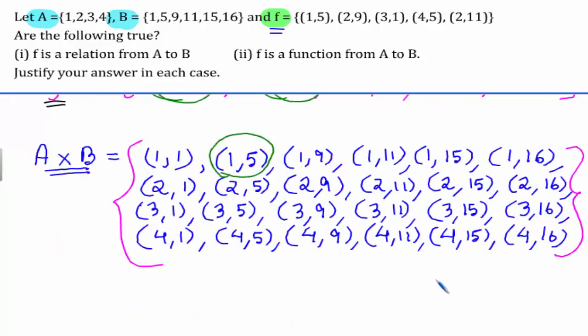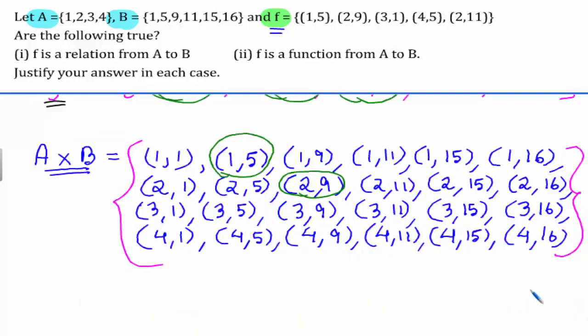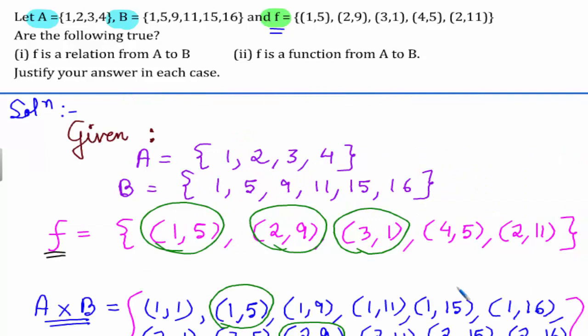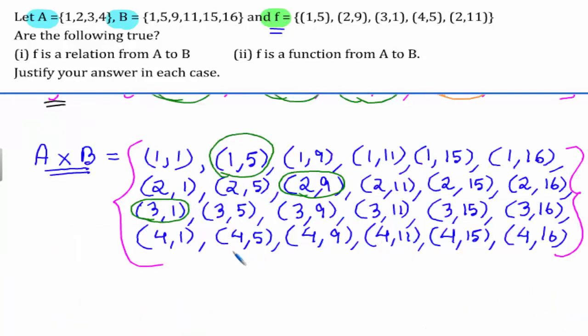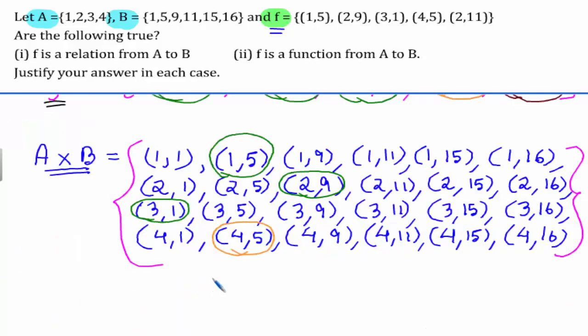This is also present in A × B. Then we have (3, 1). Let us see if it is present in A × B. Yes, it is present in A × B. Then we have (4, 5). This is also present in A × B. And finally, we have (2, 11). Let us check whether this is present in A × B. (2, 11) is also present in A × B.